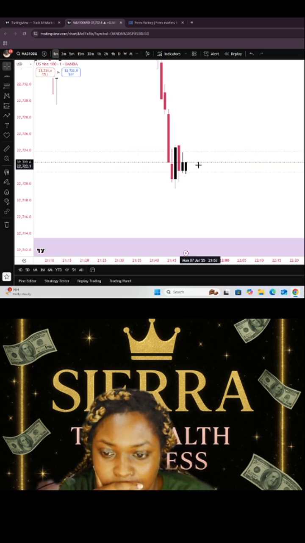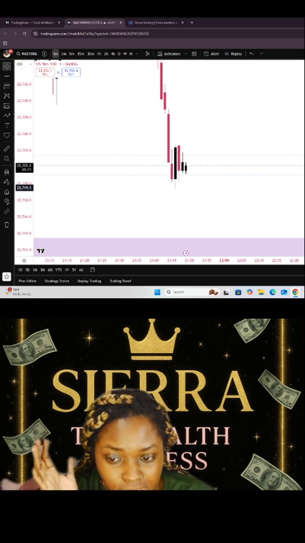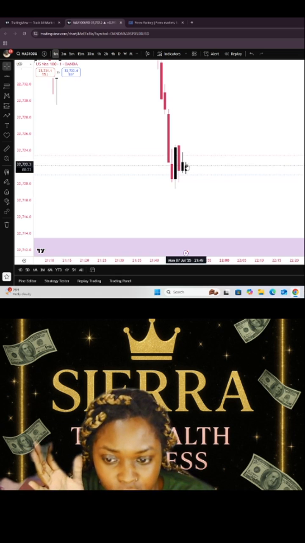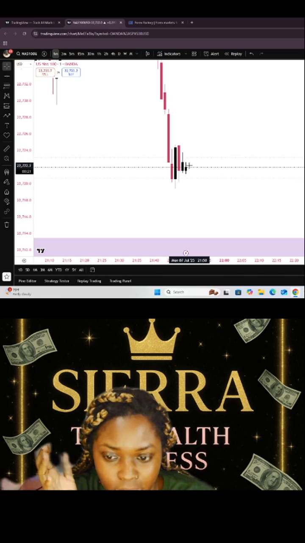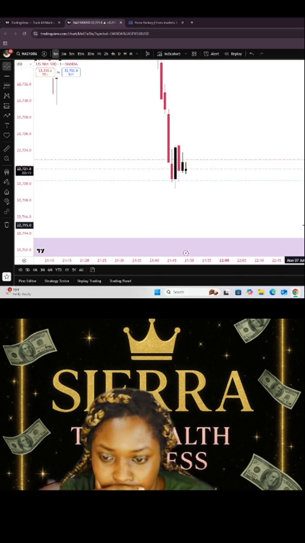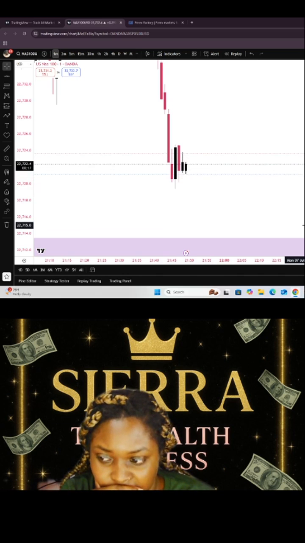See how price is pushing up, but let's see if it closes at the top or if it turns around and leaves a wick at the top and closes at the bottom. We still got 16 seconds.